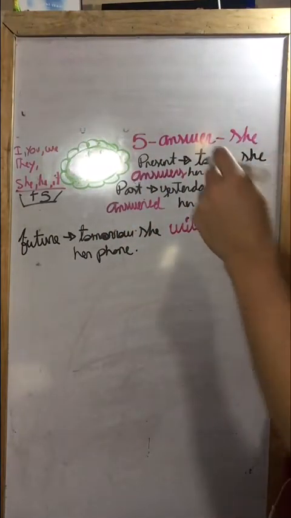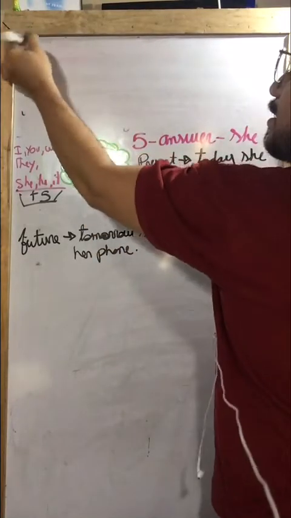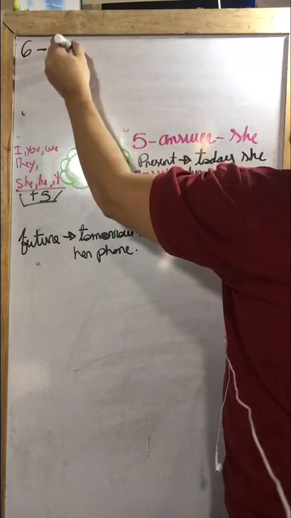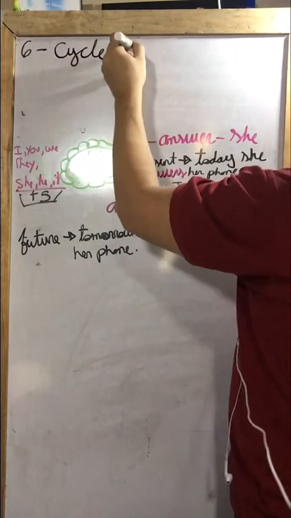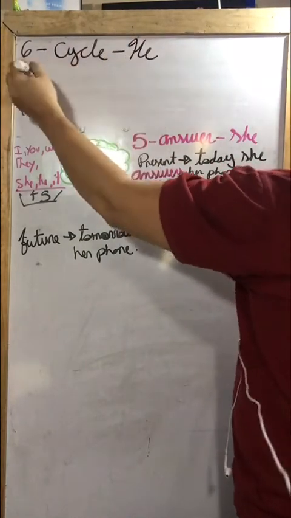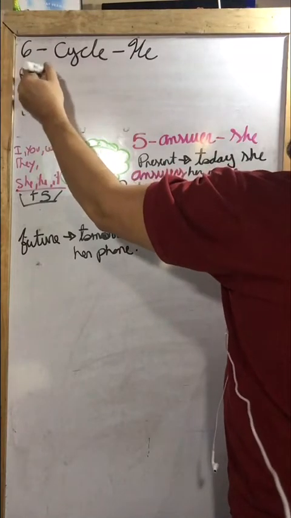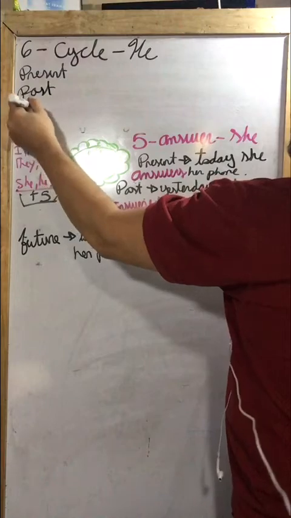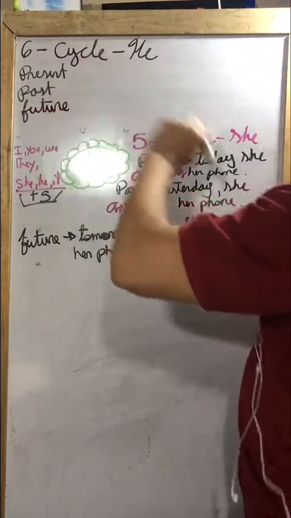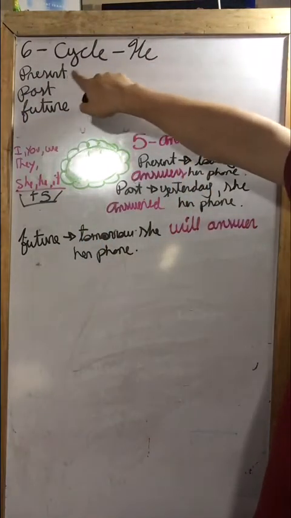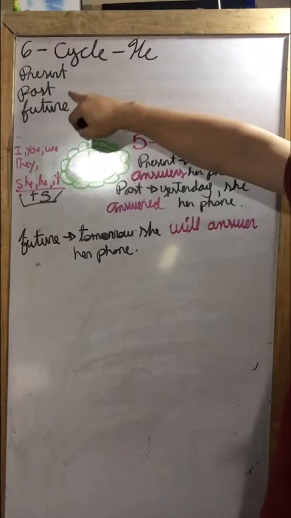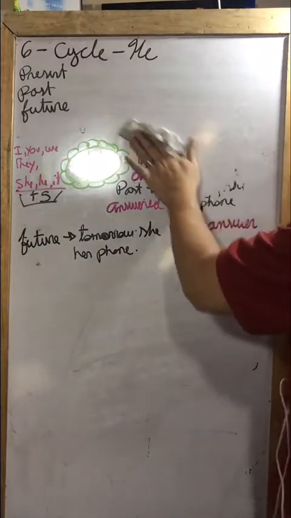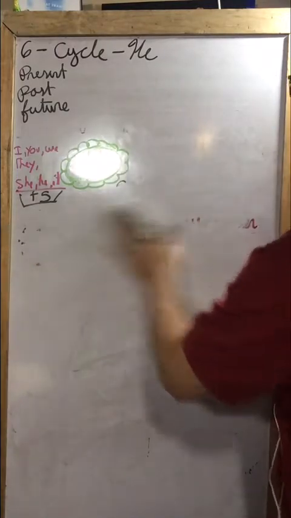So, the next one would be number 6. 6 would be cycle for he, present, past, future, following the same. Remember that in here for present would be cycles. Cycled. Will cycle.